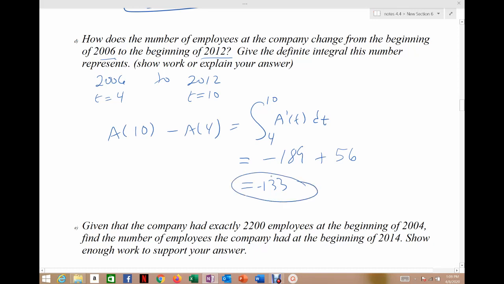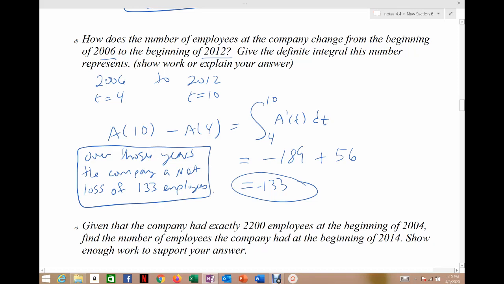So over those years, the company had a net loss of 133 employees.